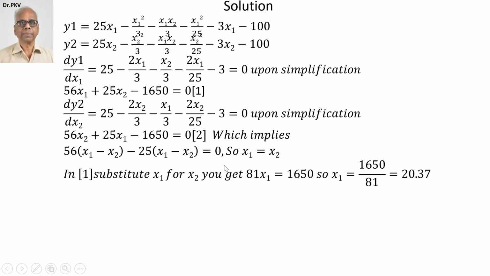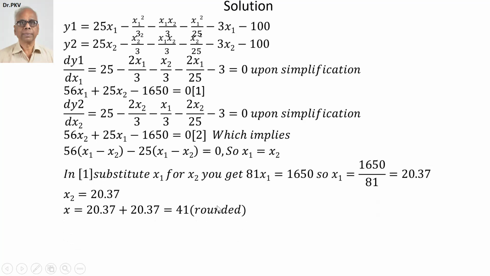And now substitute X1 for X2 in the first equation. So 56X1 plus 25X1 is 81X1 is equal to 1650. Therefore, X1 is equal to 1650 divided by 81, 20.37. Likewise, X2 is equal to 20.37. Therefore, the output is the total of these two.